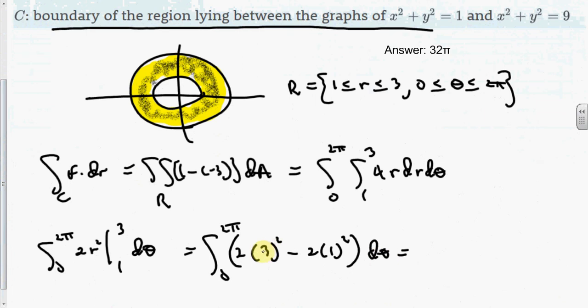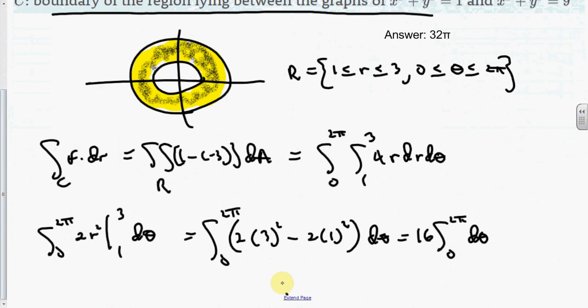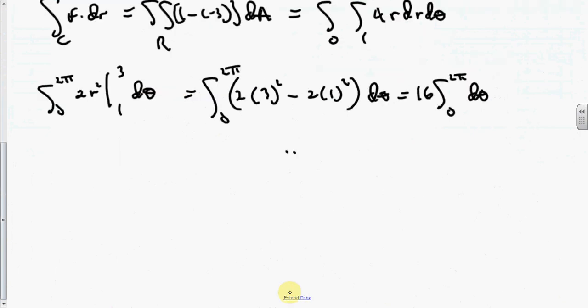So we get 18 minus 2. So we get here 16 times the integral from 0 to 2 pi d theta, and that just gives us theta. Evaluate that from 0 to 2 pi, and we get 32 pi.